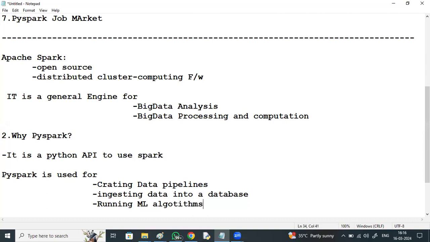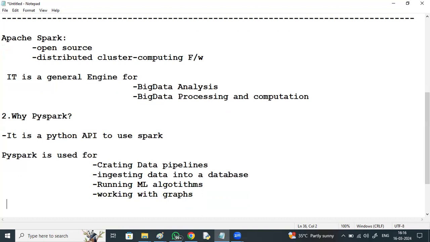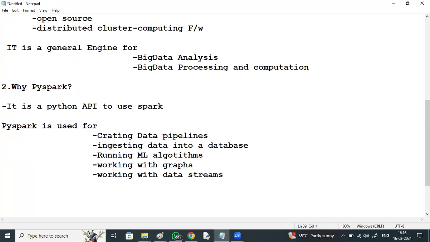It has a rich set of libraries for ML algorithms, and not only for this, even for working with graphs and working with data streams, micro batching. So: creating data pipelines, ingesting data into a database, running ML algorithms, working with graphs, working with data streams.